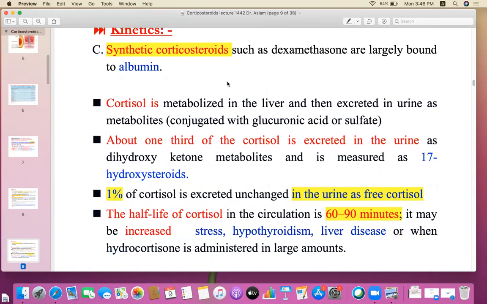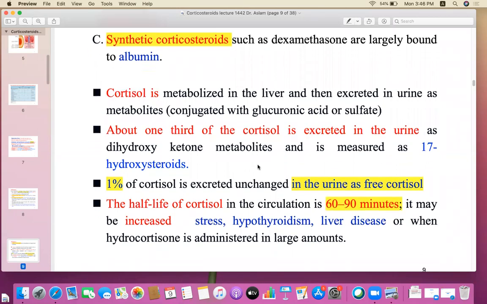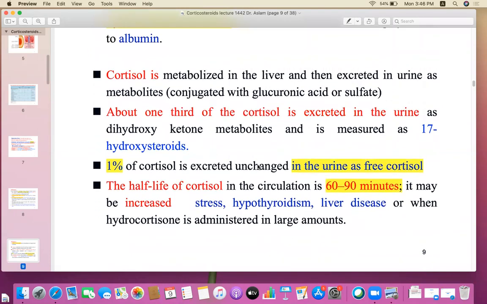The synthetic corticosteroids, such as dexamethasone, are largely bound to albumin, and cortisol is also metabolized in the liver and excreted into the urine. This is a normal process, not remarkable.